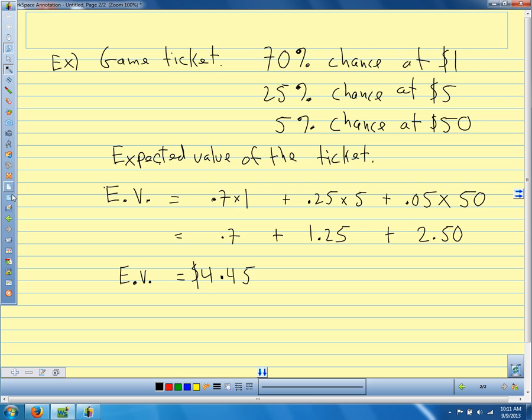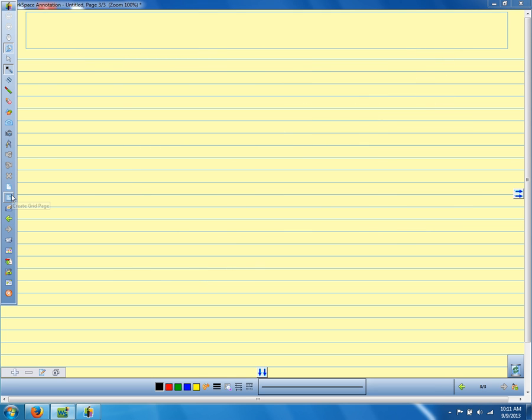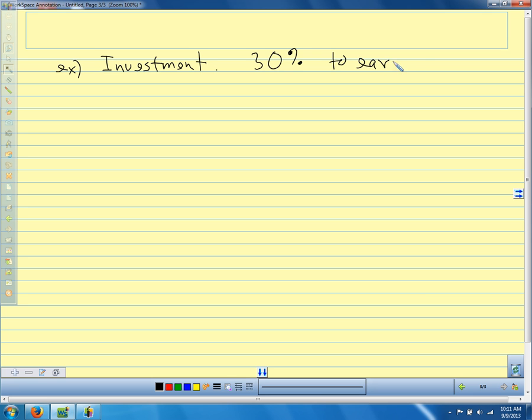All right, let's look at another example. We have an investment. And we have our stockbrokers calculate this out and says that we have a 30% chance to earn $4,000 if we make this investment.